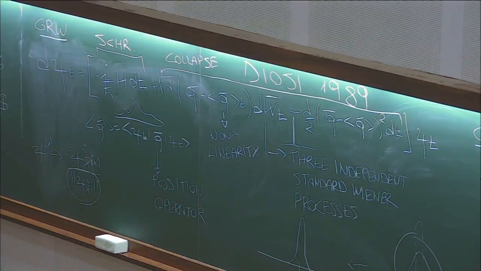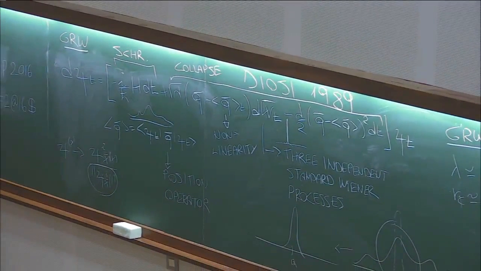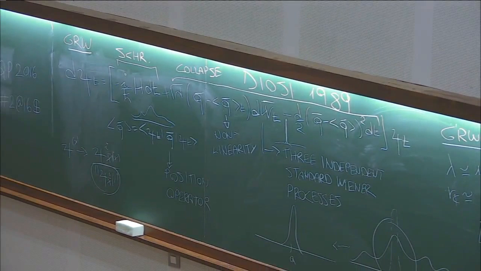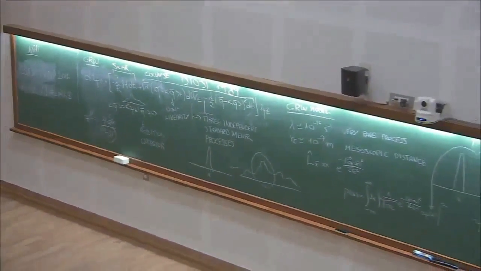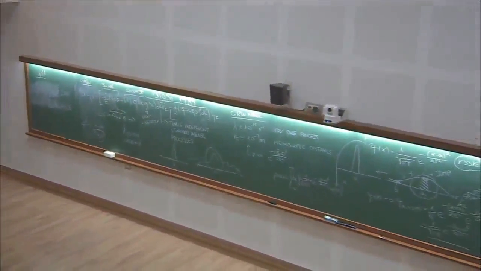Okay, suppose that you are in the same situation as before, but now, you immediately understand. But suppose that now R is much smaller than RC. So we have X, this is psi.